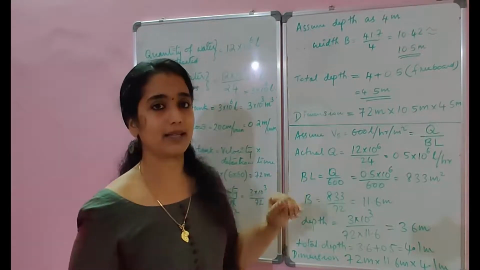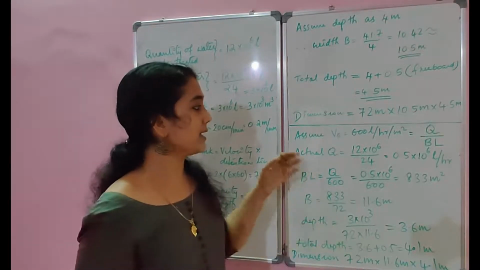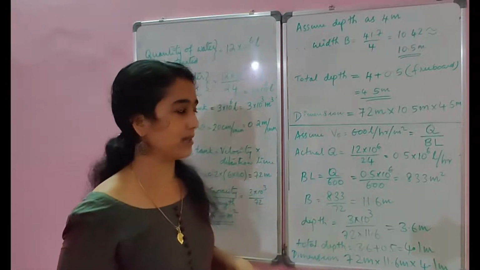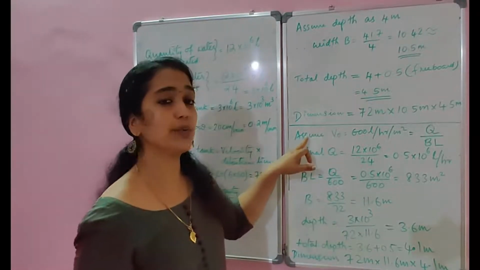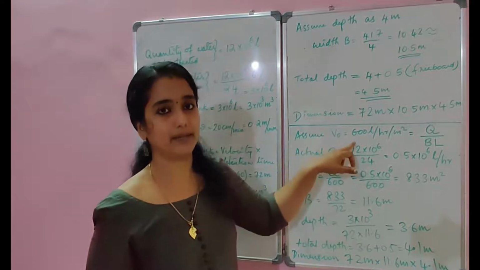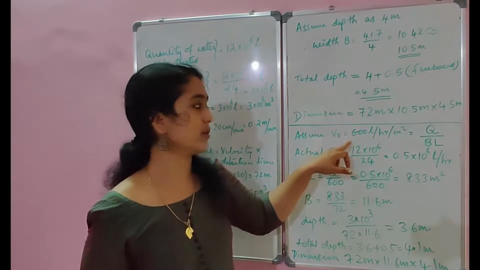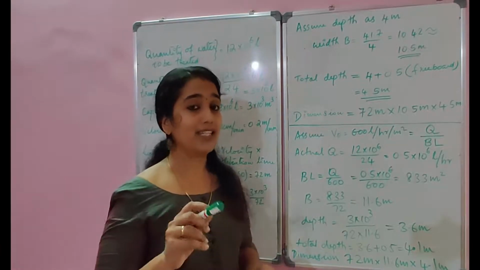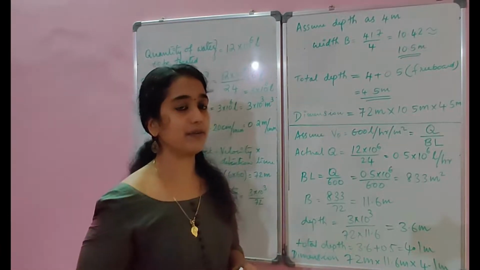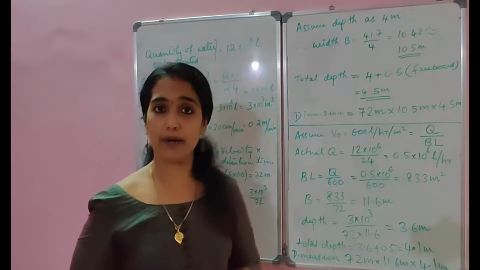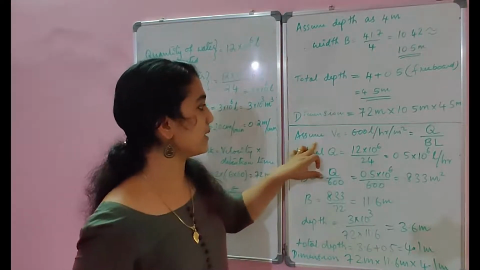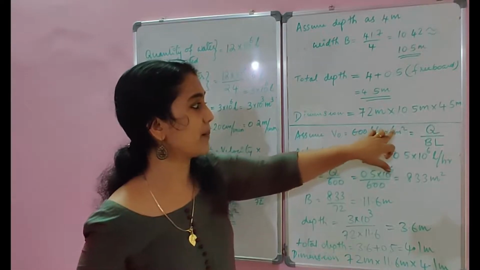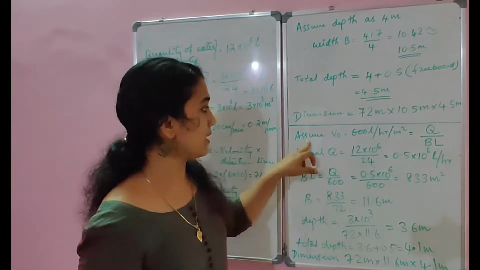This is one method, and we can calculate the dimensions in another method, by assuming the overflow rate, that is V0. The V0 range is 500 to 750 liters per hour per meter square. Here we are assuming V0 as 600 liters per hour per meter square. What is V0?